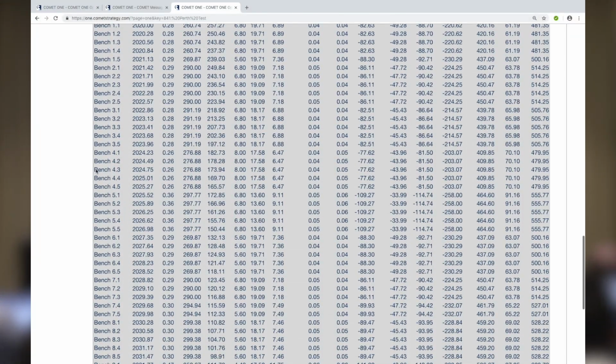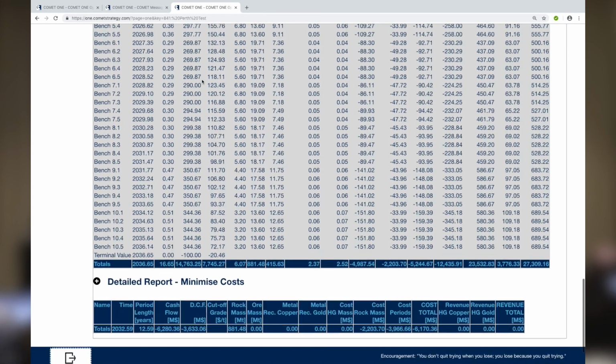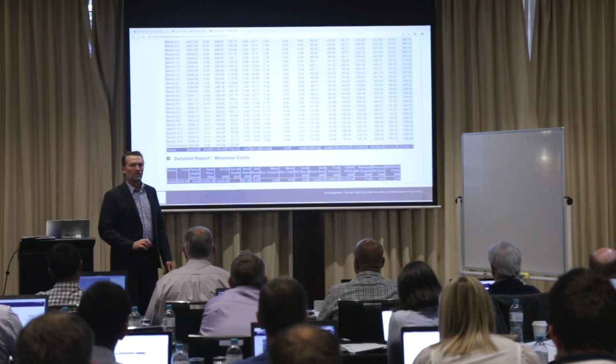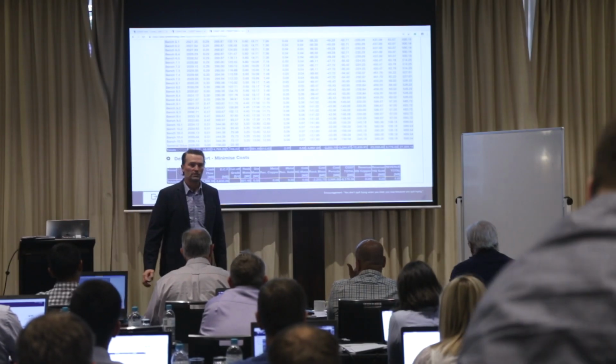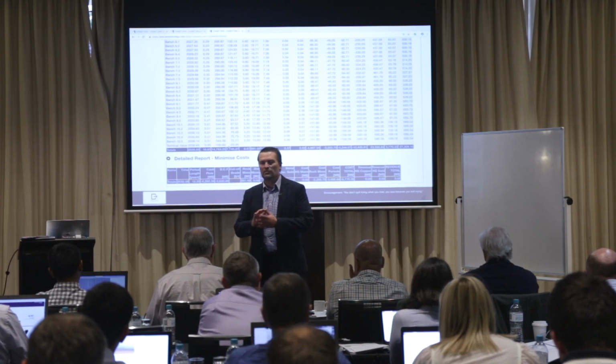Yeah, sure. If you have a look at the detail here, you can see that we've got some initial capital injections, but also at the end, we've got what's called a terminal value, which is our closure cost. One of the conventions, and we'll talk about this when we get to the parameters, is that instead of talking about costs and revenues, I just talk about value.